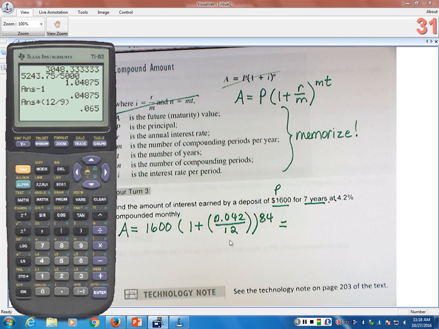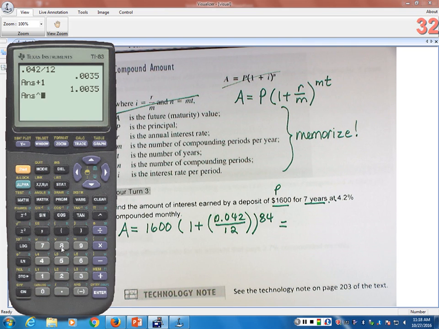And again, we're going to do what's in parentheses, the innermost parentheses first. So to avoid all that garbage, I'm going to clean that off. 0.042 divided by 12. So that's the per period interest rate. Plus 1.